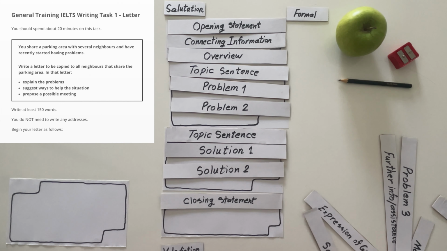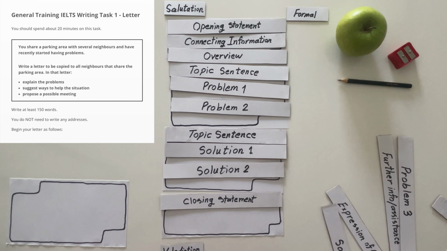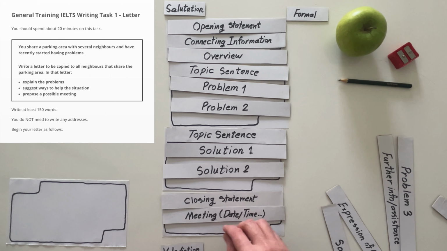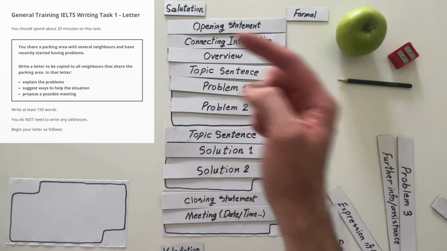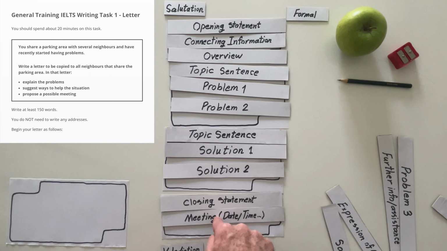And right after that, you can mention the date and the time of the meeting. You need to propose a date and time for that, because that's what the rubric tells us.